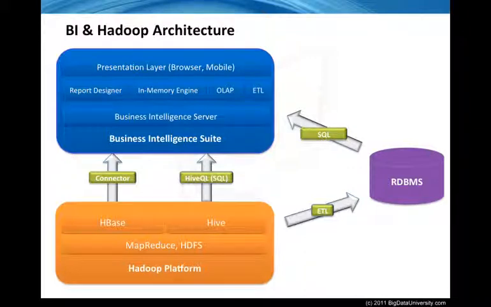This is an architectural diagram representing our previous discussion on various data access technologies that can make BI reporting and analysis seamlessly operate on Hadoop. In the following lessons, we'll look at this in detail, and we'll use Jaspersoft Business Intelligence Suite to illustrate the concepts. You'll note here that Jaspersoft uses ETL, HiveQL or SQL, and also a connector to HBase.